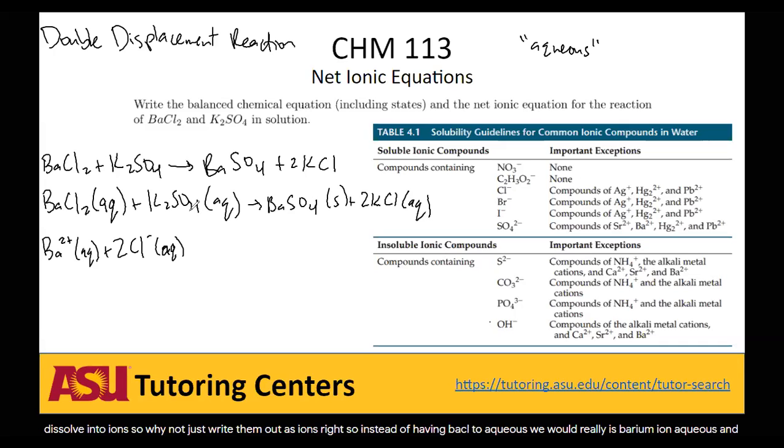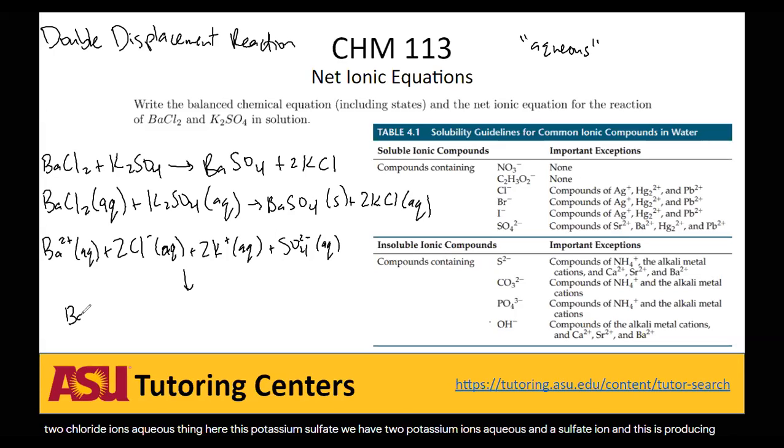And same thing here, this potassium sulfate, we have 2 potassium ions, aqueous, and a sulfate ion. And this is producing barium sulfate solid, so we can't rewrite the barium sulfate as its 2 ions because it's a solid. It's not aqueous, it doesn't dissolve in the solution. But we can rewrite the 2 potassiums and the 2 chloride ions.